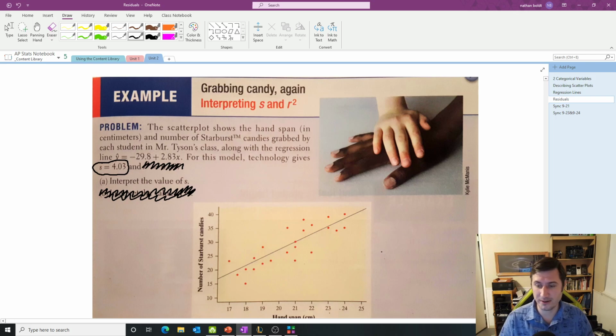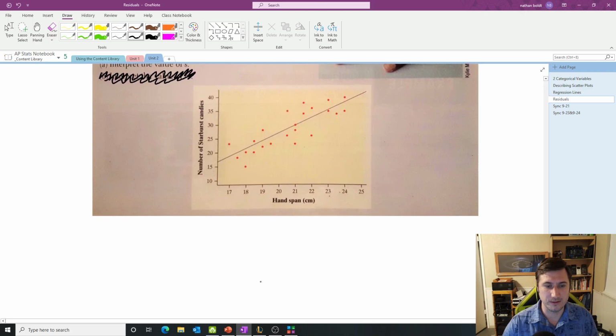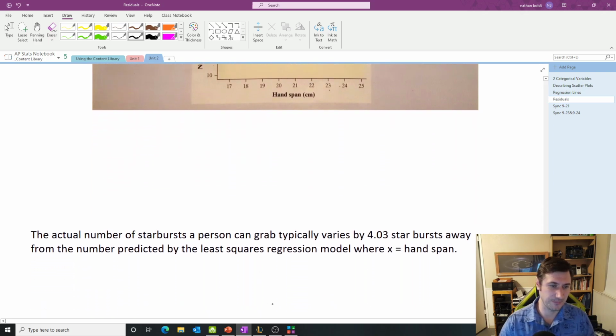Pause the video, and then I will show you my sentence. All right, so here was my sentence. The actual number of Starbursts a person can grab typically varies by 4.03 Starbursts away from the number predicted by the least squares regression model, where X is equal to the hand span.